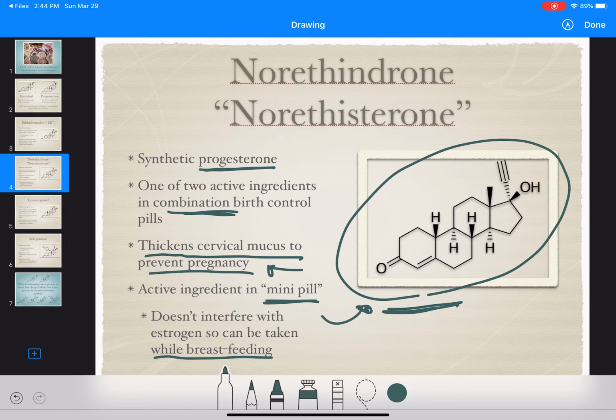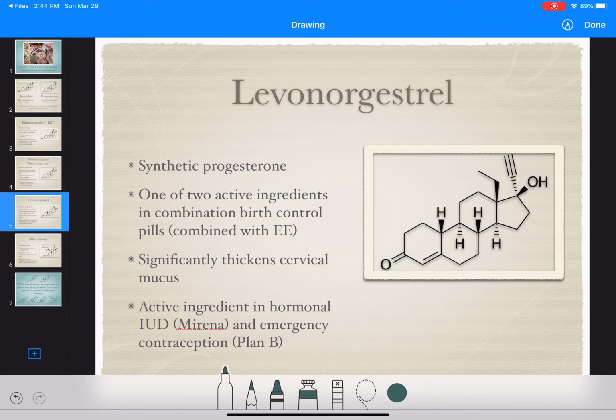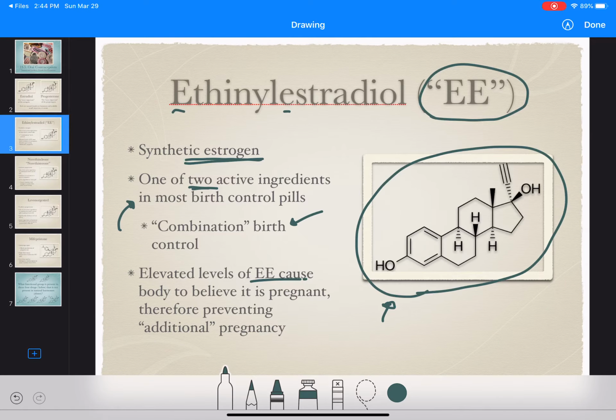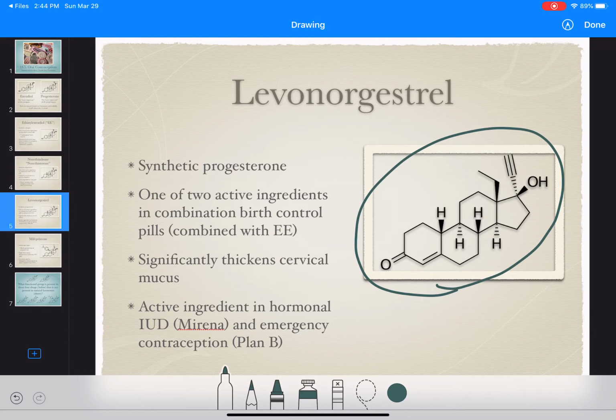So we also have a second synthetic progesterone, and this is levonorgestrel. And again, look at the similarity of the structures of all of these. They all look very similar. So this is a synthetic progesterone. This can also be combined with ethinylestradiol. Ethinylestradiol plus levonorgestrel, that's another possibility.